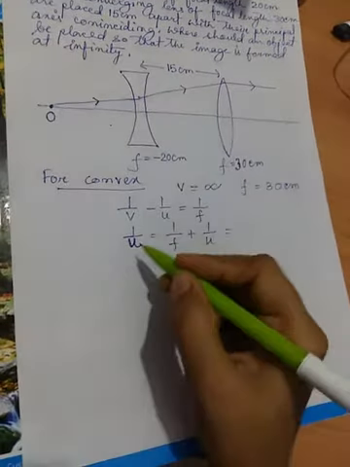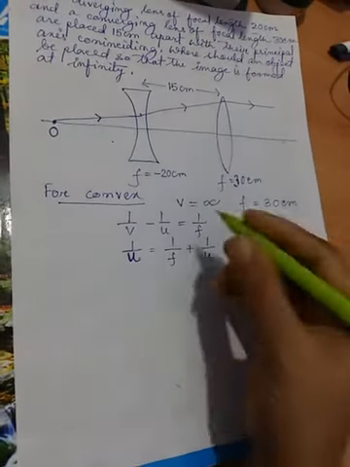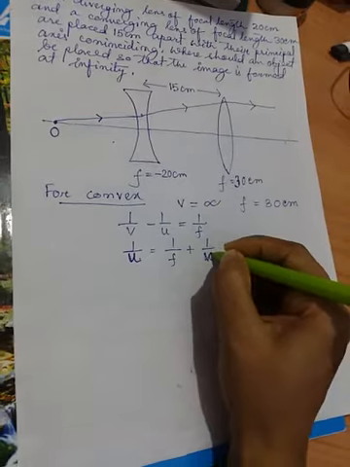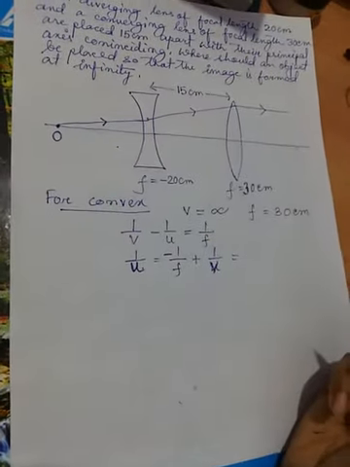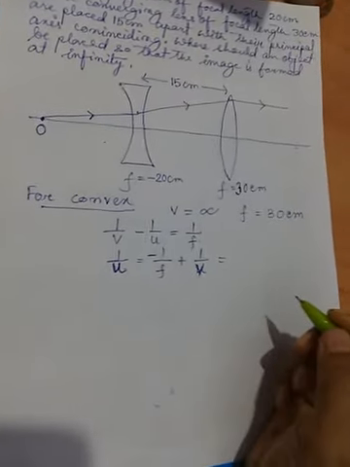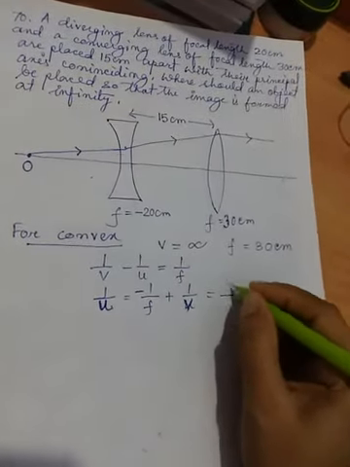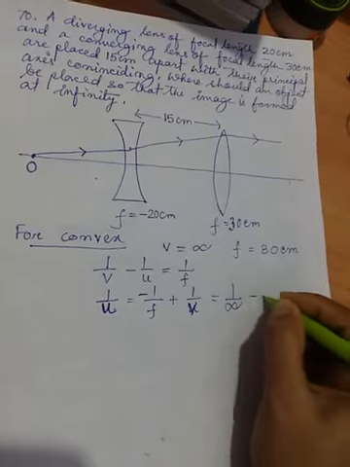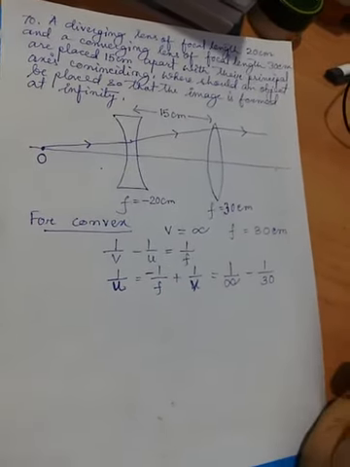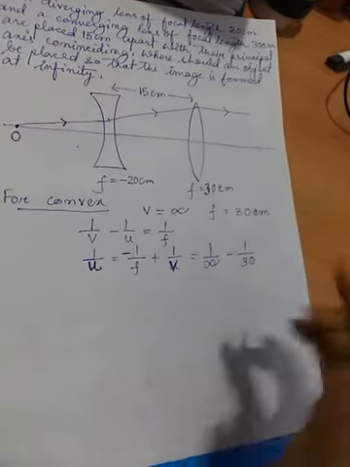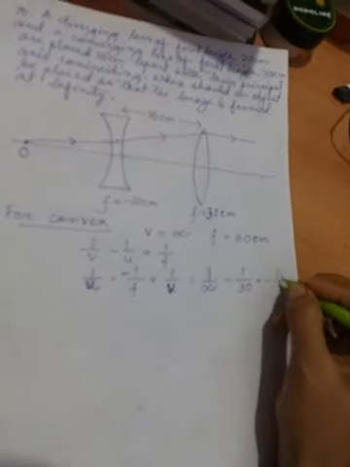Therefore, 1 by u equals 1 by v minus 1 by f. So, 1 by infinity minus 1 by 30 equals minus 1 by 30.